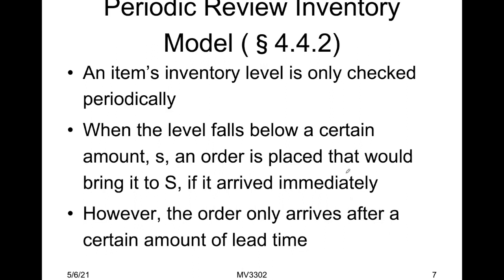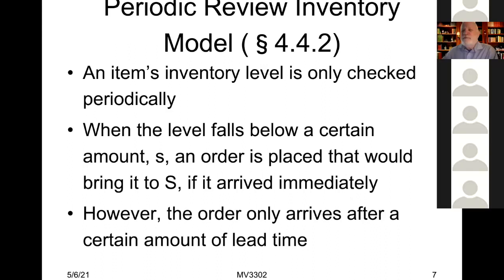Okay, so now as a concrete example of using an argument on an event is this periodic review inventory model. Is anybody familiar with this term, or have you studied any inventory models at all?